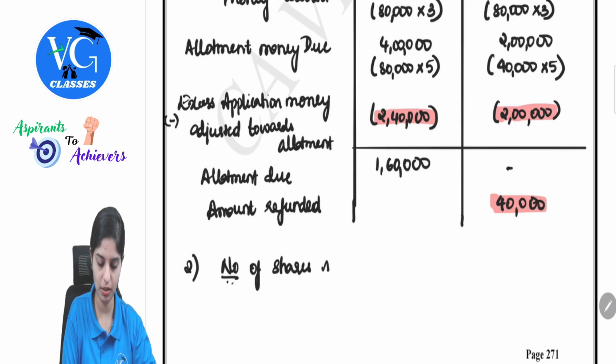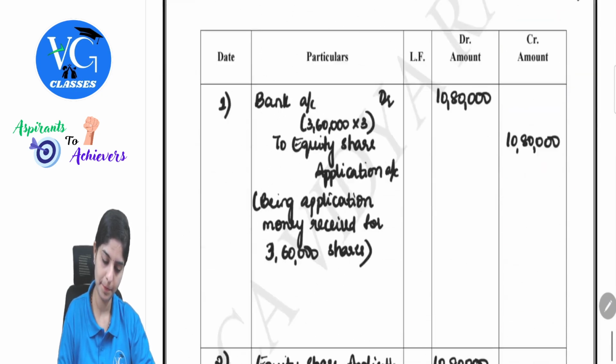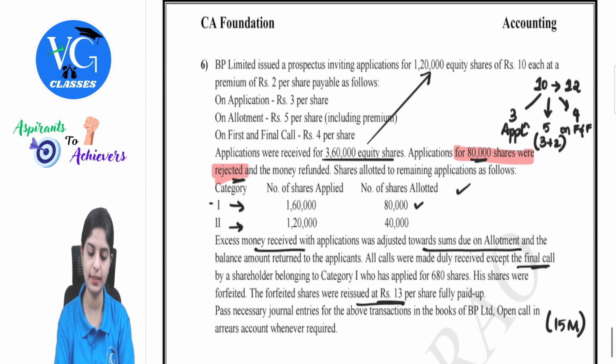Number of shares allotted. For category 1, number of shares applied is 1,60,000. Number of shares allotted is 80,000. We want to know how much is the allotment done for 680 shares applied for. So how do we find out?